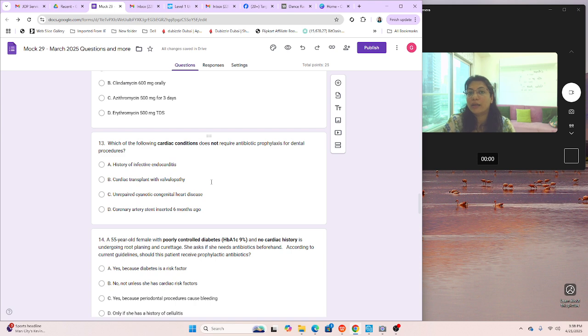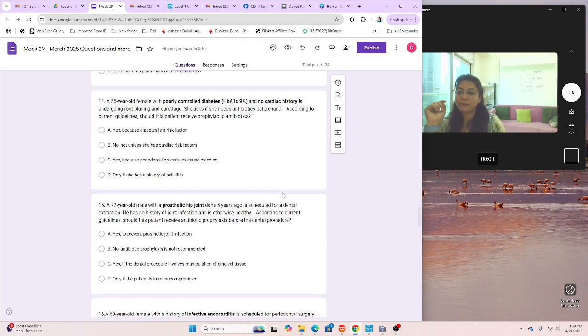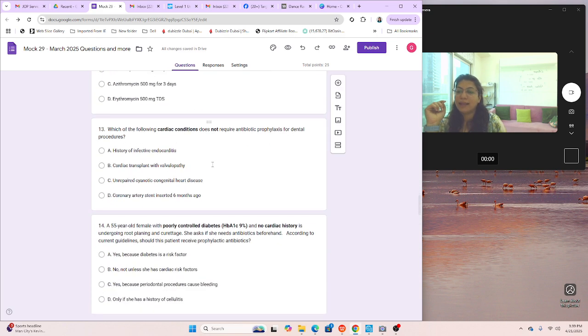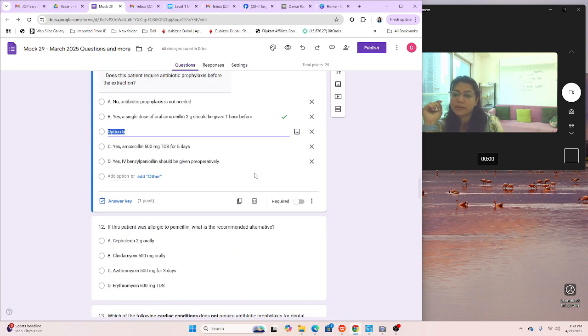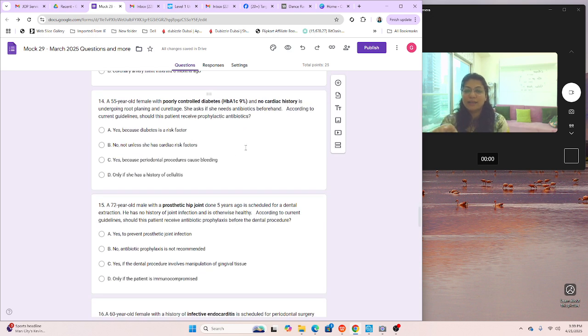But if it is unrepaired, any part of the heart, unrepaired defect, give. Coronary artery stent inserted 6 months ago. It's an artery stent, not related to the valve. Any stent is all right. You don't have to give. So the answer is D. Where did I go? No, I skipped something. Yeah, coronary artery stent inserted 6 months ago. That would not require it.